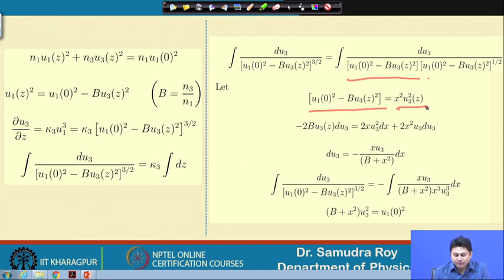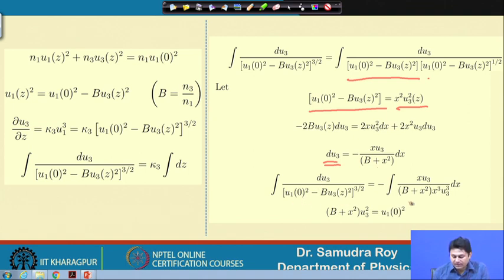Now, if I take the derivative of both sides, on the left hand side I can write minus b u3 du3 is equal to, on the right hand side, because both are variables now, 2 x u3 square dx plus 2 x square u3 du3. From here we find an interesting expression: du3 is x u3 divided by b plus x square dx. So, my entire equation is now transformed to dx.